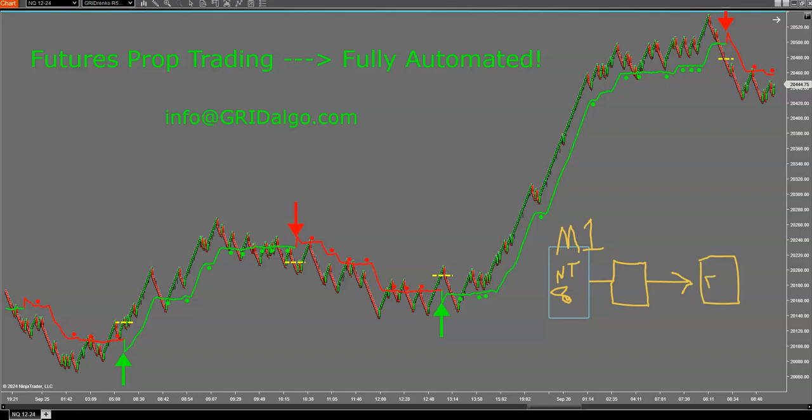So I can talk right out, fully automated from my NT8 platform that I call my master instance, out to my FTT accounts, whether it's 1 or 20, through a trade copier. We'll go TC. So I can do all that, no problem.